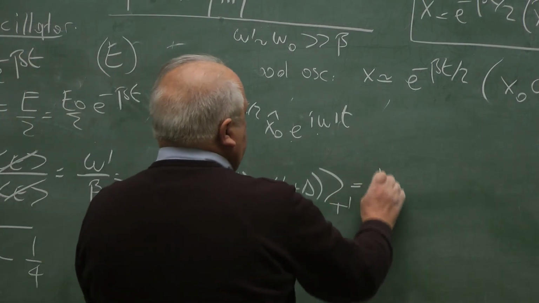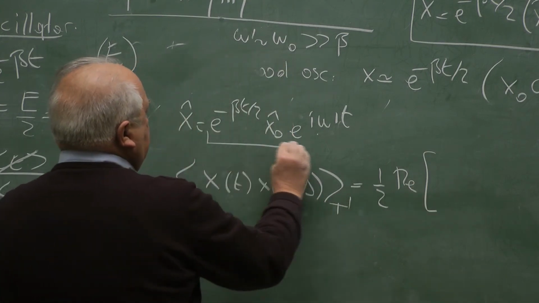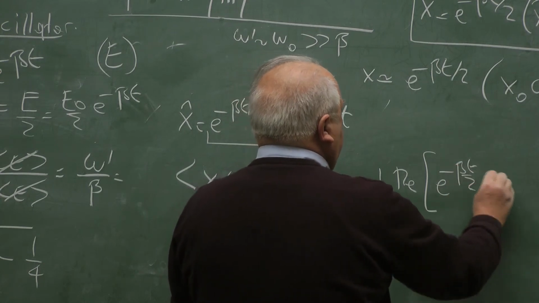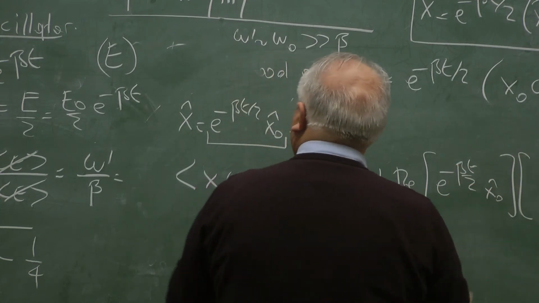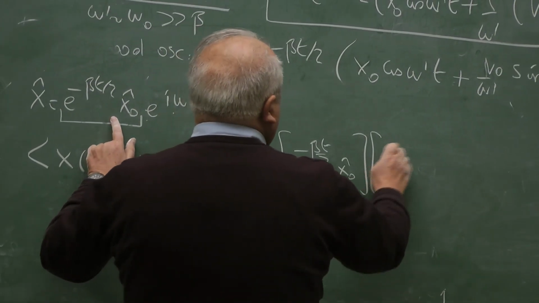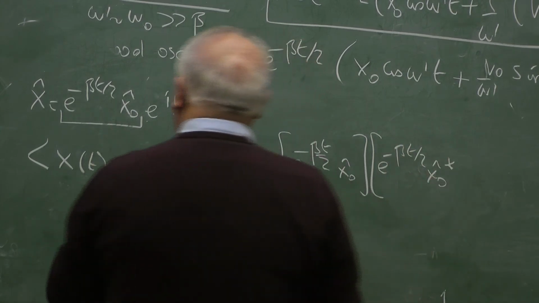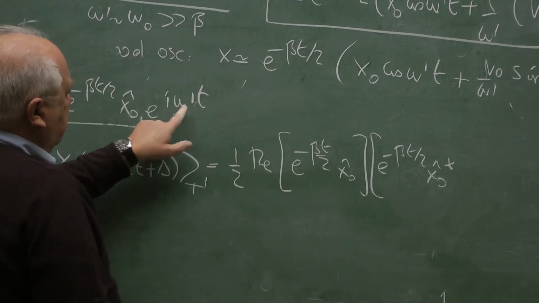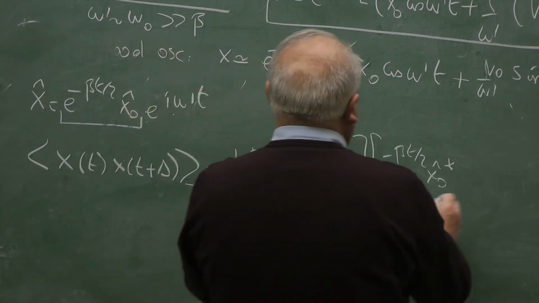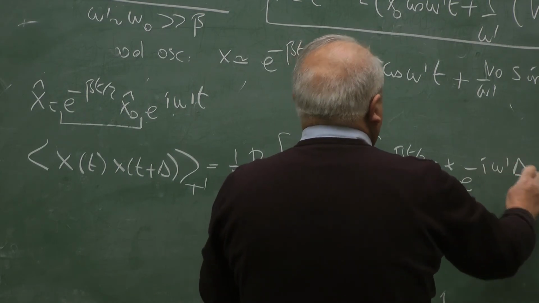So it is 1/2 the real part of, well, the coefficient is this, so I take e to the minus beta t over 2 x0 times its complex conjugate, e to the minus beta t over 2 x0 star. But x(t plus delta), in addition to the e to the I omega prime t, has another exponential factor, so it is e to the minus I omega prime delta.